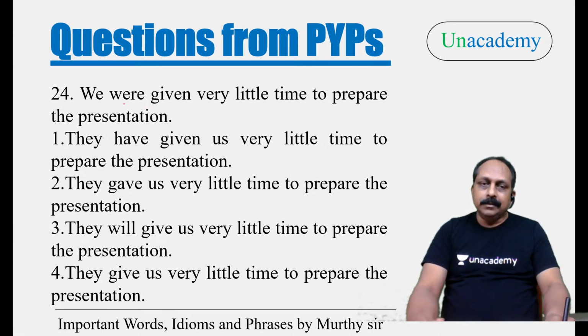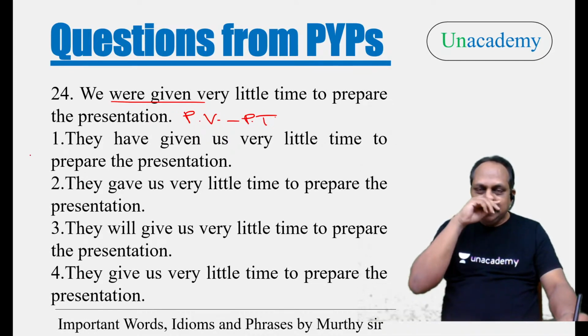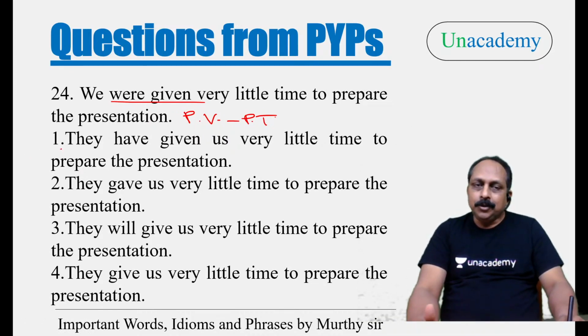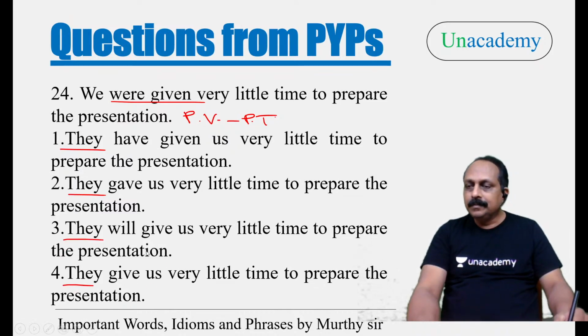We were given. Is it active voice or passive voice? Passive voice. And is it past tense or some other tense? Past tense. Here, subject is understood. In every option they have given, they. So you have to look for past tense active voice.